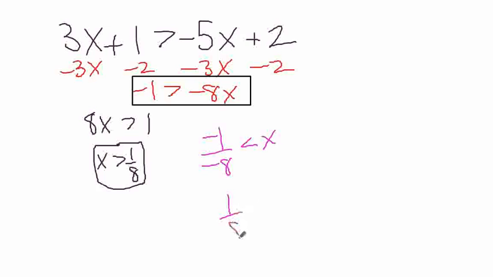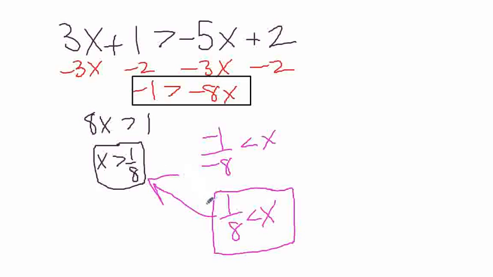That gives 1/8 is less than x, and lo and behold, now it agrees with the answer that we got the other way. That's the key idea. Whether you're dividing or multiplying, it's the same thing. If a negative is involved, then you flip the direction of the sign.